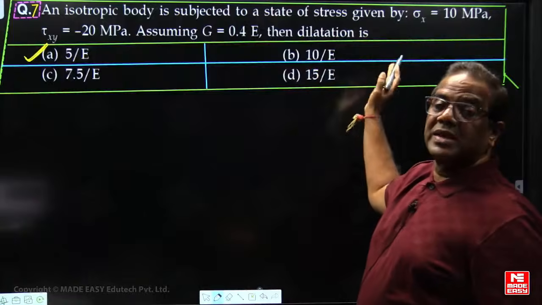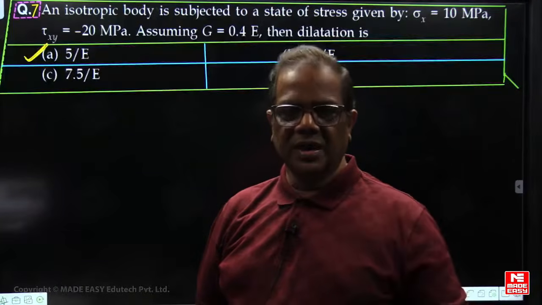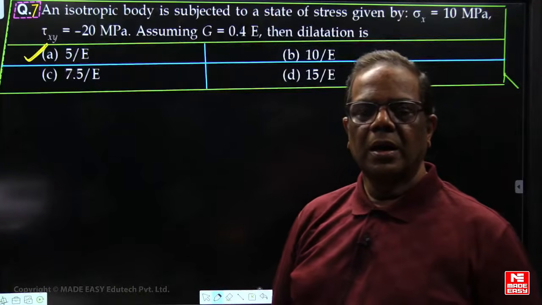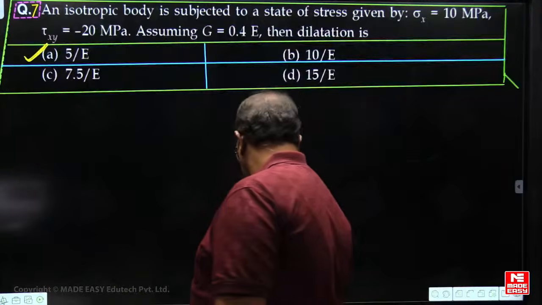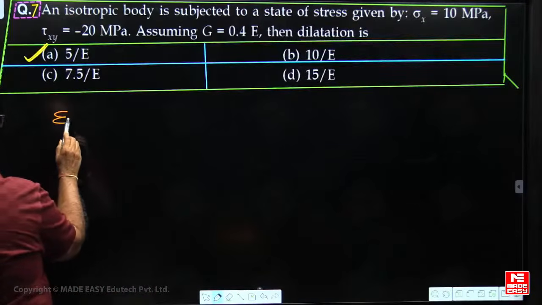You should know the dilatation first. Dilatation means volumetric strain. How to find out the volumetric strain? Dilatation means volumetric strain.